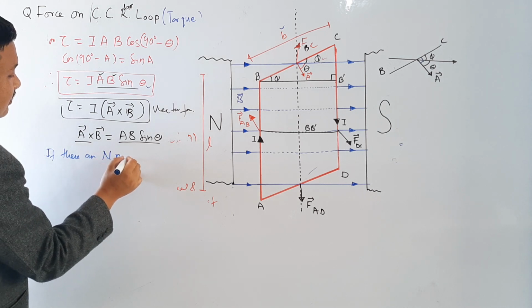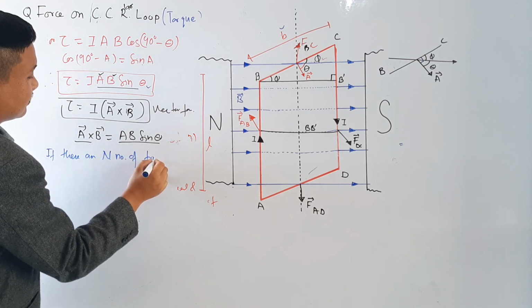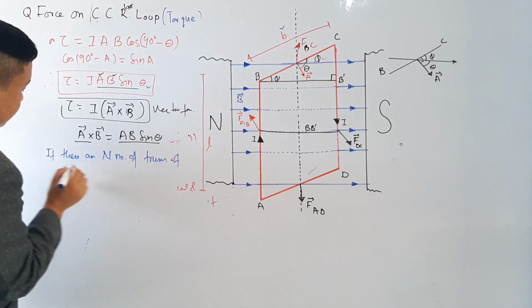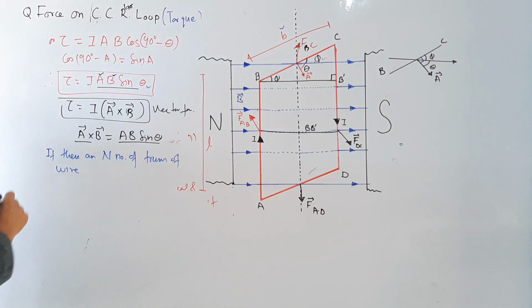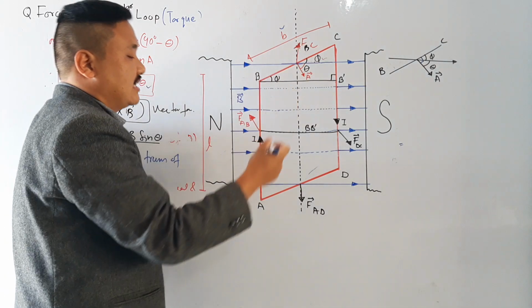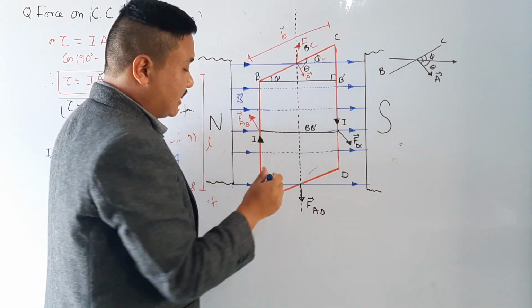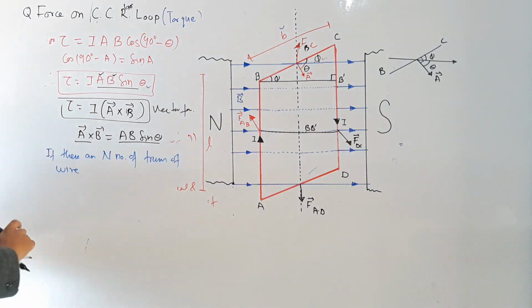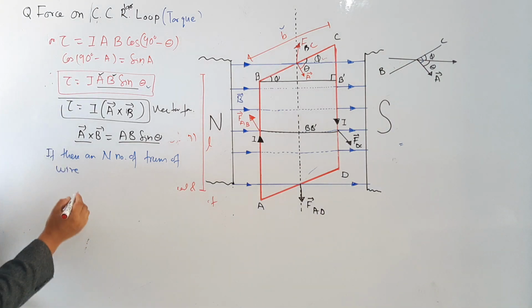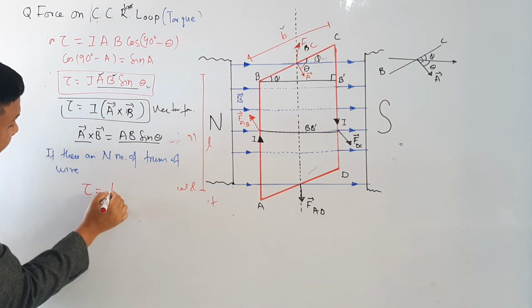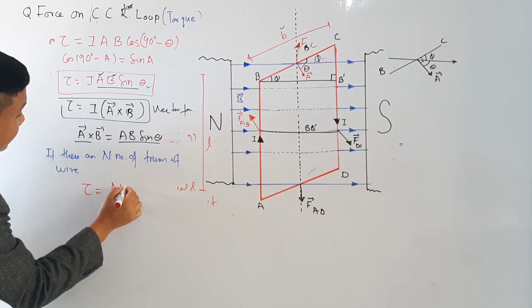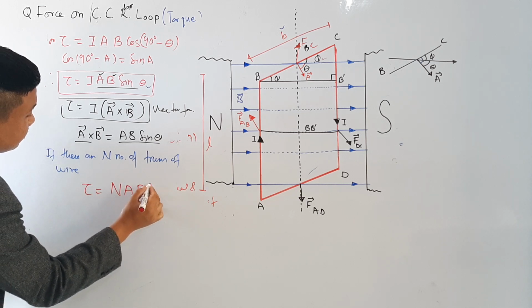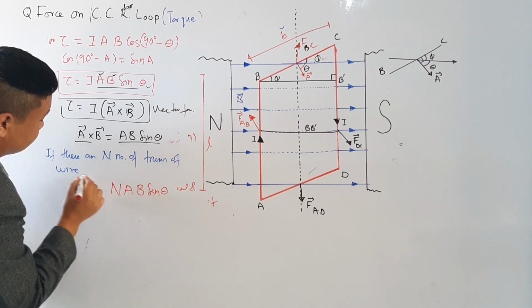Now if there are n number of turns of wire, I have considered a single turn. If there are 10, 20, 50 and n numbers, then the torque will be n I A B sine of theta.